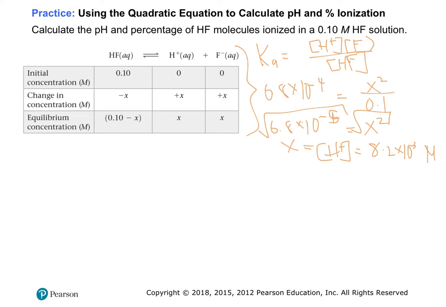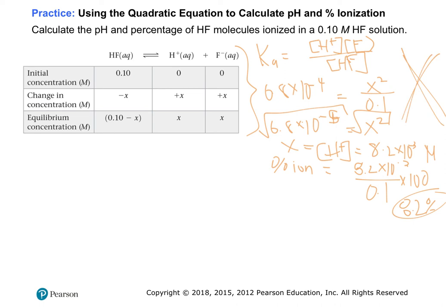So if I do our percent ionization to be 8.2 times 10 to the negative 3rd divided by 0.1 times 100, I get 8.2%. Well, that is bigger than 5, so I cannot use that approximation.